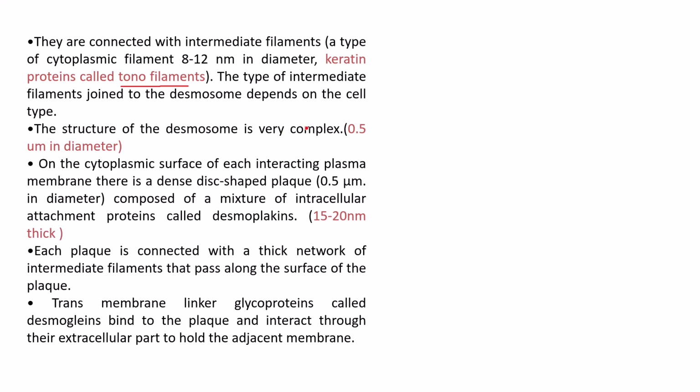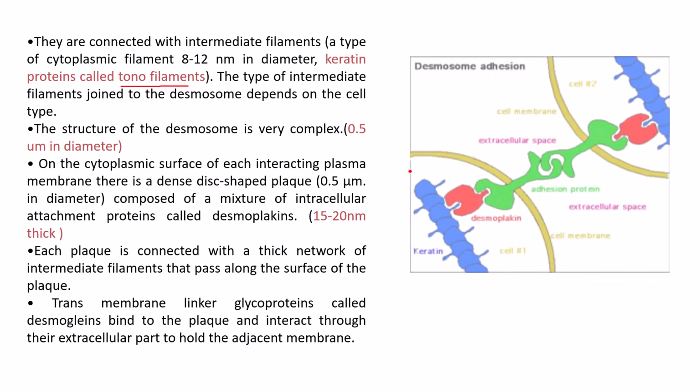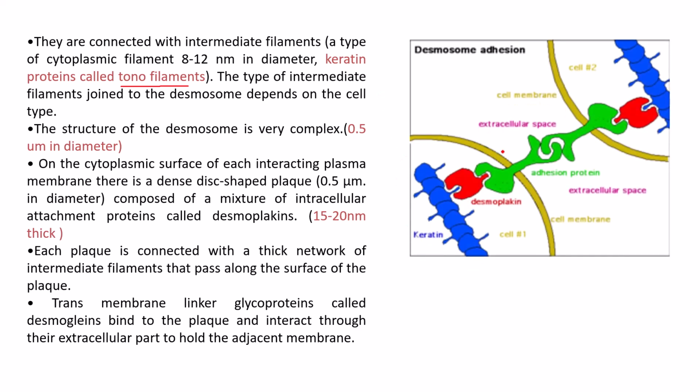Fine. So the type of intermediate filament joined to desmosomes depends on the cell type, and the structure of the desmosome is very complex. The disc shape which they form is around 0.5 μm, and the intracellular attachment protein is called desmoplakin. See, you can see it is desmoplakin. This is the intracellular attachment.